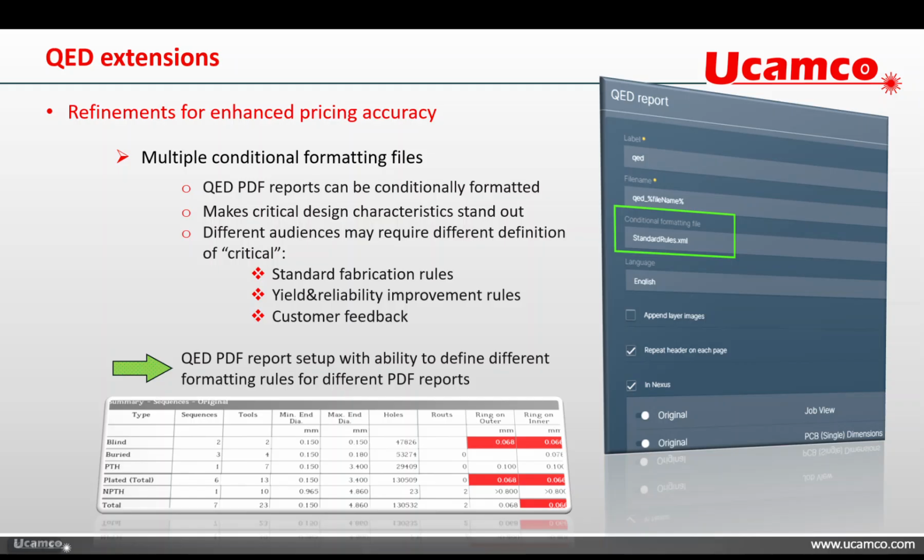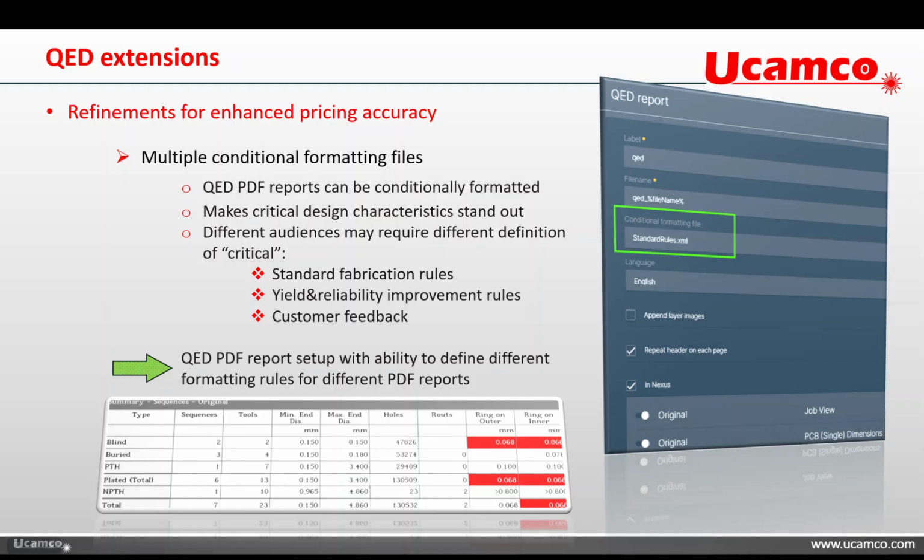But as you are able to set up different QED reports, something we have done for a very long time, you might be in a position where a certain QED report is going to person A, your customer, but another QED you have generated may have less or more information and goes internal, for your own resources, for people in engineering or whatnot.